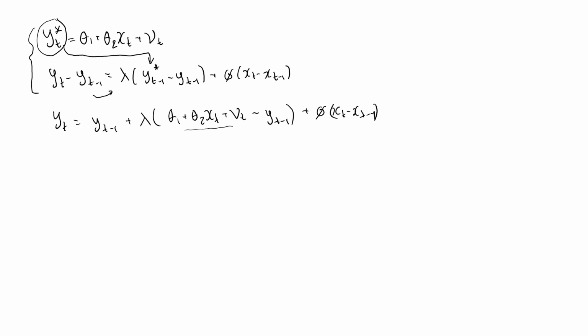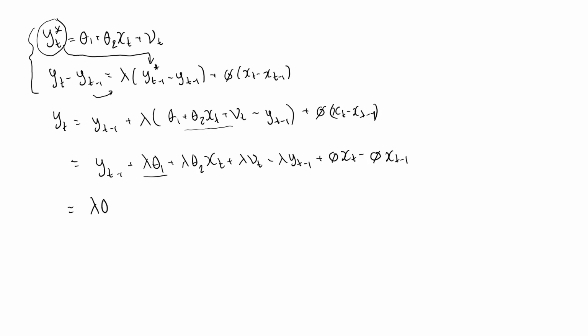Let's expand both parentheses. This is yt minus 1 plus lambda theta 1 plus lambda theta 2 xt plus lambda nu t minus lambda yt minus 1 plus phi xt minus phi xt minus 1. So let's combine the terms. We have a constant here, lambda theta 1.